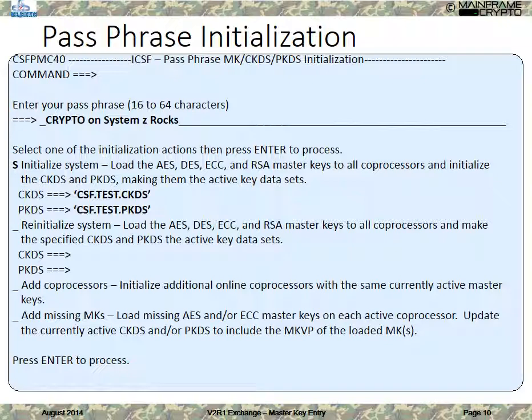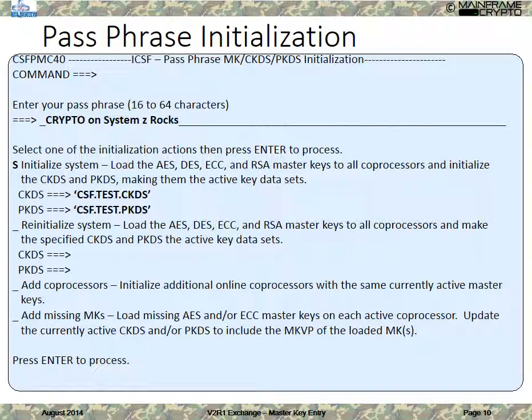The third option there is adding coprocessors. As we described a minute ago, if you had a system up and running with 2 Crypto Express cards and you ordered a third one from IBM, you would install that card in the machine, and then you would come back to passphrase initialization, specify your passphrase, and select add coprocessors.